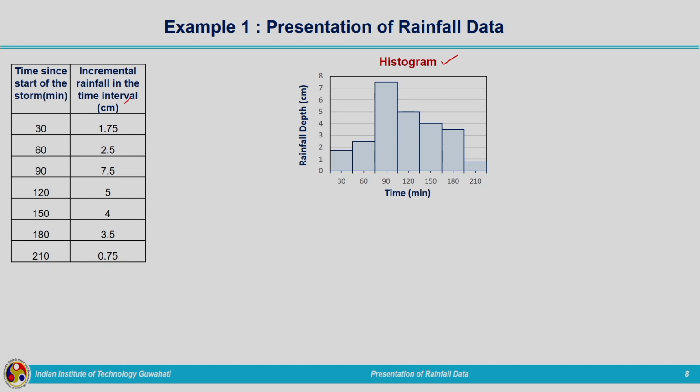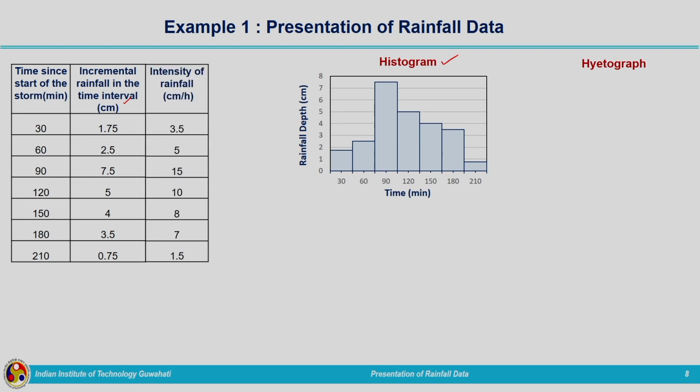Now we need to plot the hydrograph. Hydrograph is the plot of rainfall intensity versus time. So, we need to calculate the rainfall intensity first before plotting. How can we calculate intensity? It is the depth of rainfall divided by the incremental time.